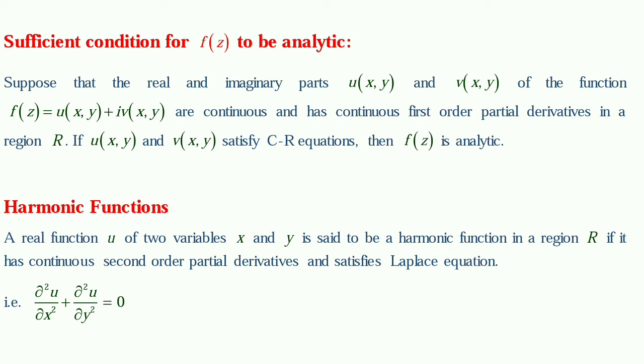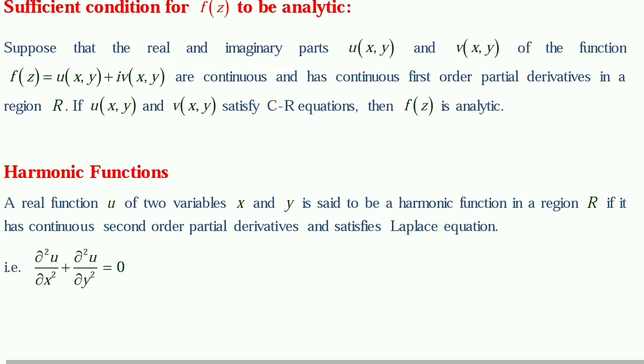That means to verify f of z is analytic, it is enough to verify CR equation. So if u and v satisfy CR equation, then we can say f of z is analytic. This is the simplest, easy way to verify the function f of z is analytic. Just enough CR equations are satisfied.